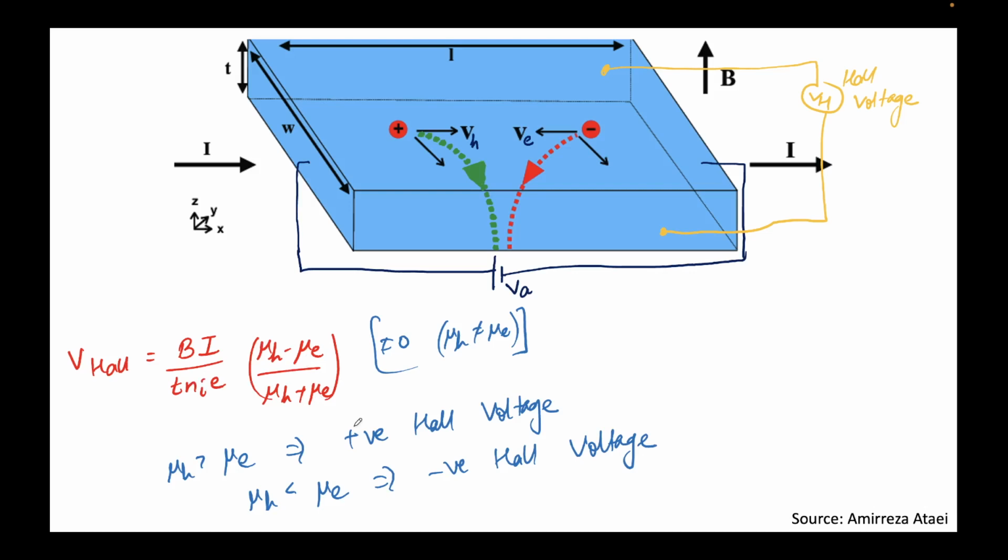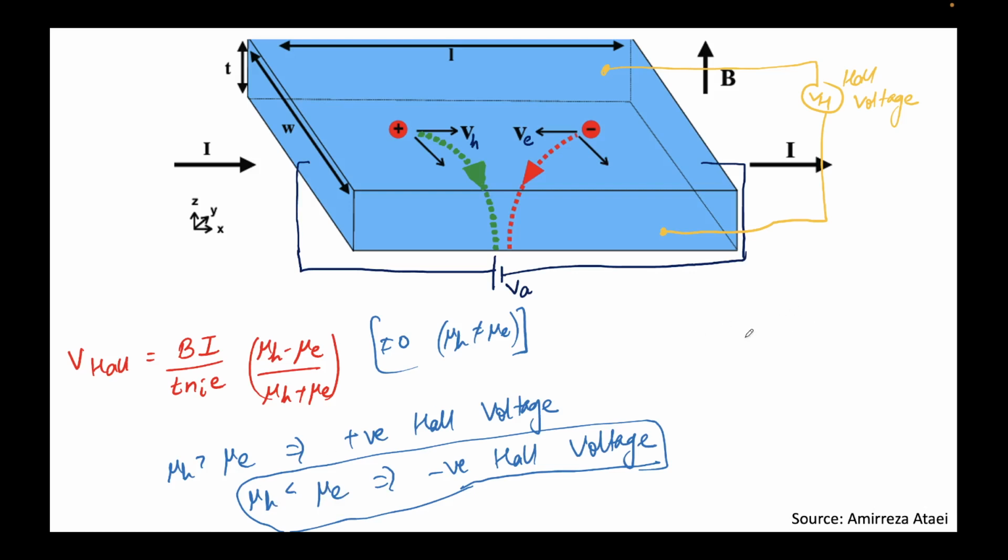However, if we are given that it's a negative Hall voltage, then we can definitely say that the mobility of electrons is greater than the mobility of holes.